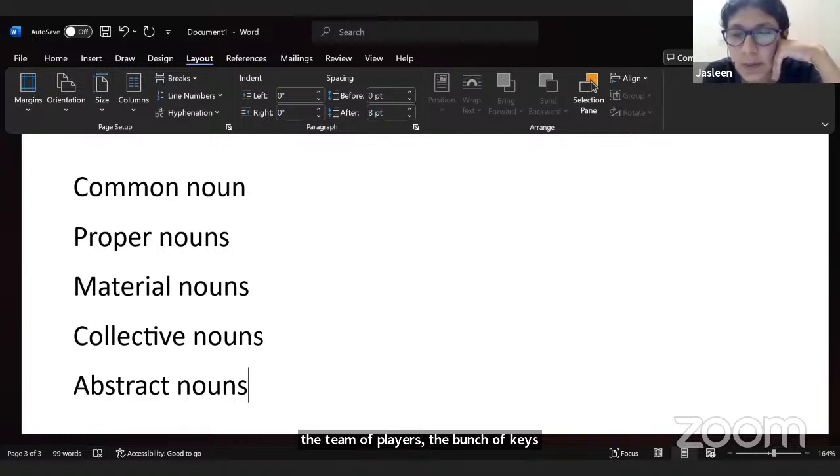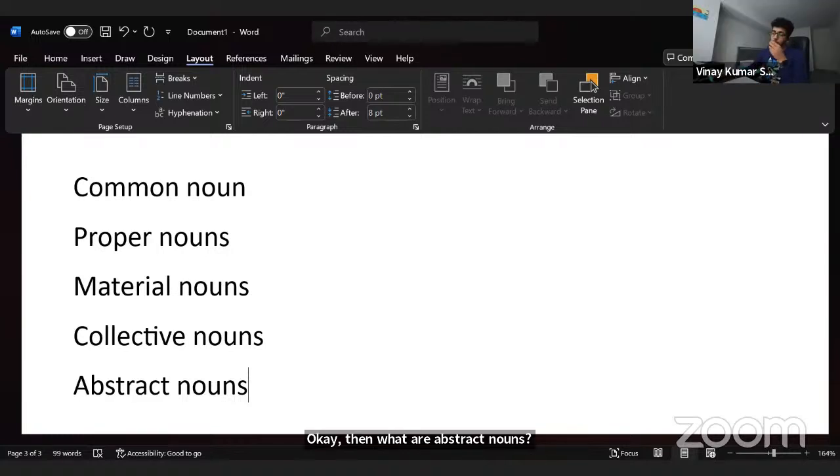Okay. Then what are abstract nouns? An abstract noun is a noun that kind of can't be counted.